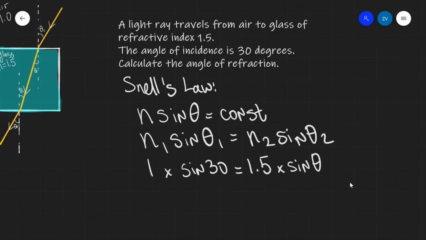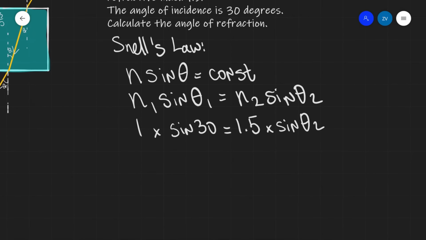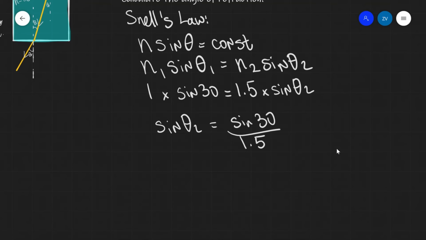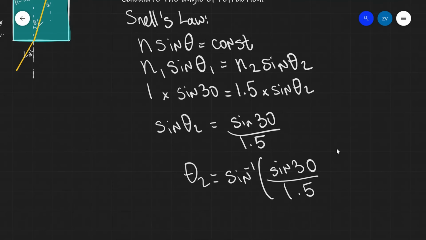So let's quickly rearrange for sine of theta 2, and sine of theta 2 will be equal to sine of 30 divided by 1.5. Just using some simple trigonometry, we can find the angle by saying that the angle of refraction is equal to the inverse sine of sine 30 over 1.5.